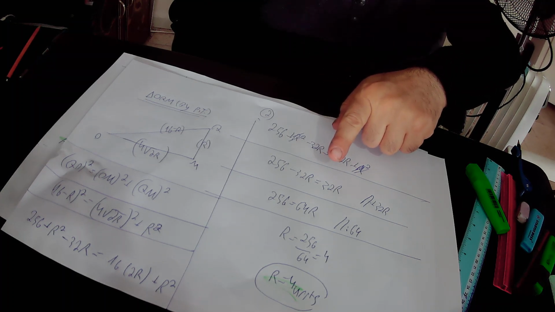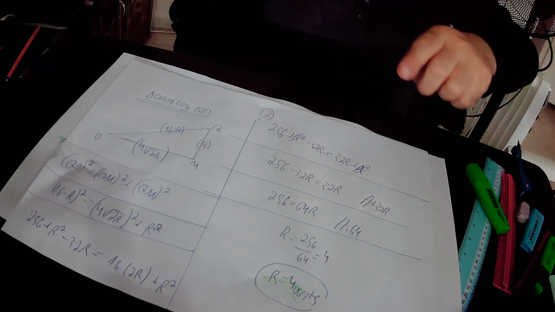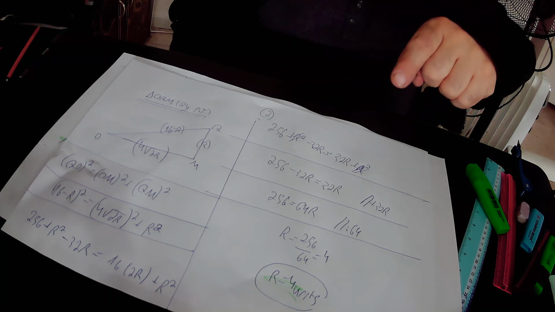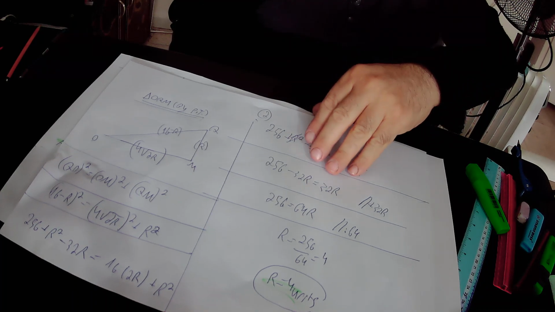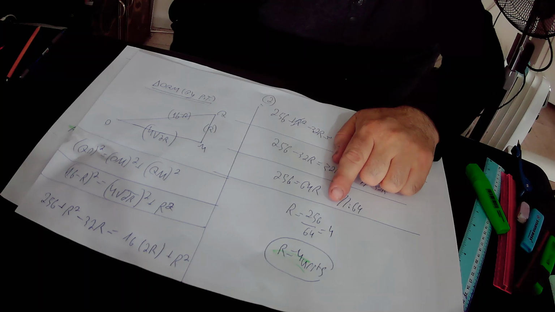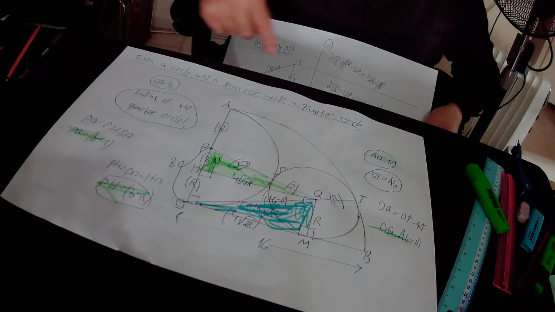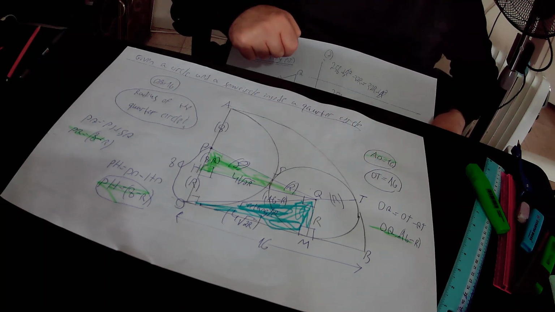Here we divide by 64, and finally find that R equals 256 over 64, which is 4. So we found that the radius of this small circle, R, equals 4 units in length.